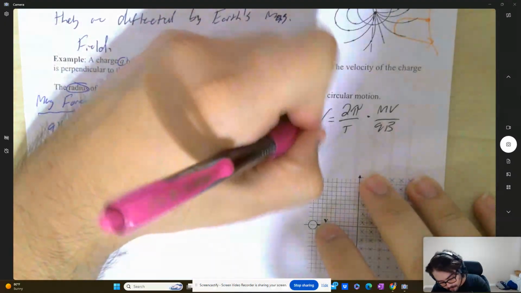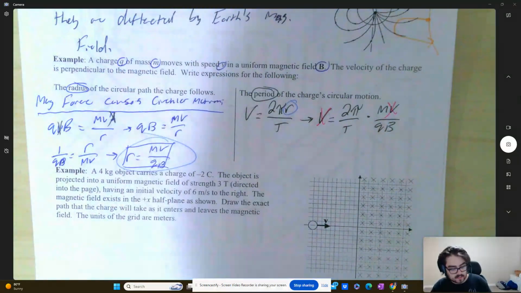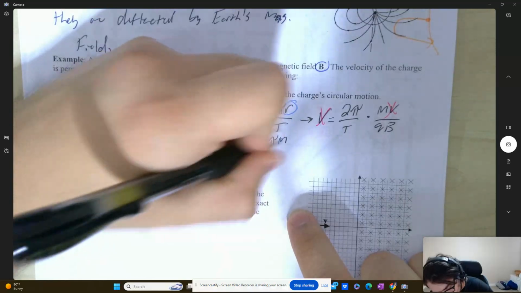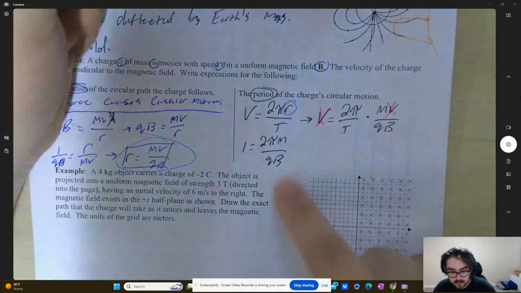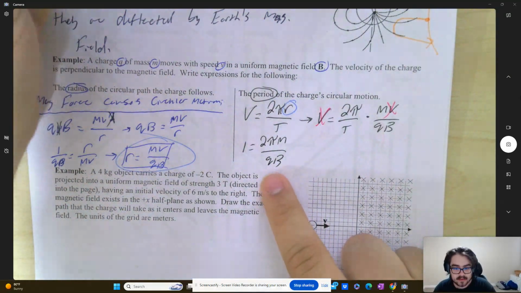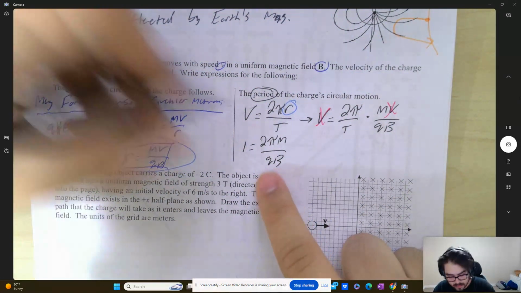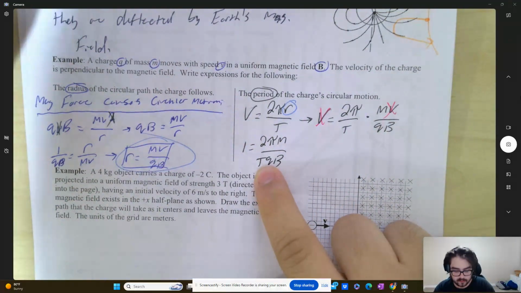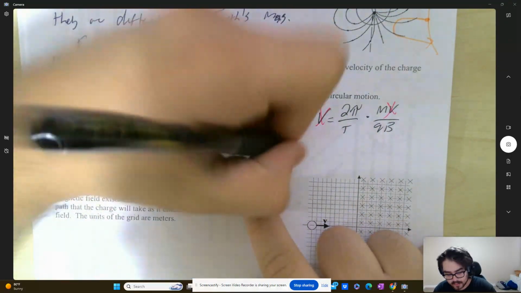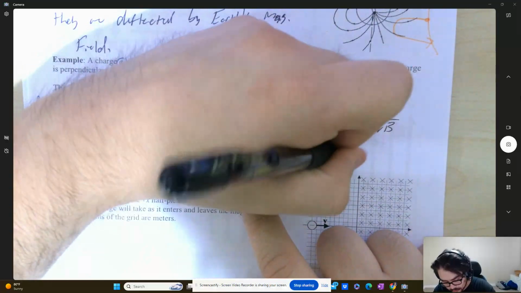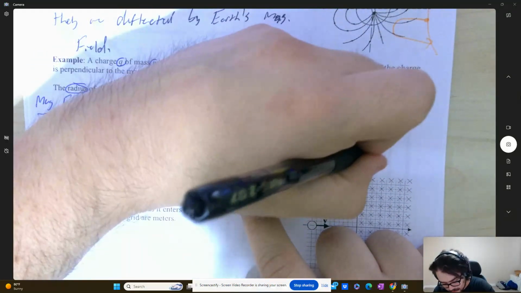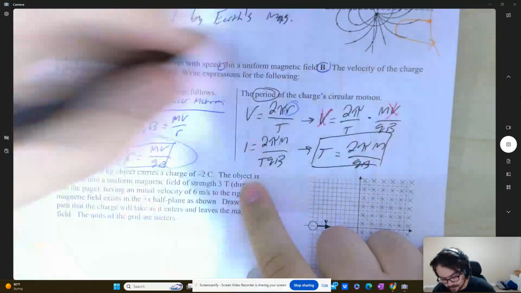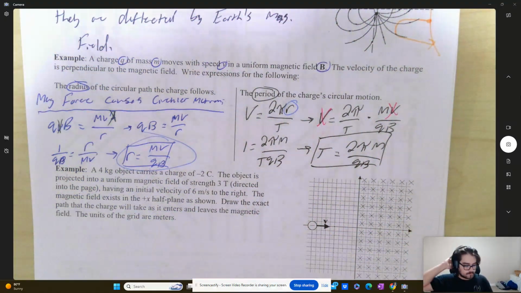That makes our life a little bit easier, because then we're left with 1 equals 2 pi m over qb times t. Then we just need to get the period by itself, and this is literally the easiest step here. You just multiply t on both sides, and you get t equals 2 pi m over qb. There you go.